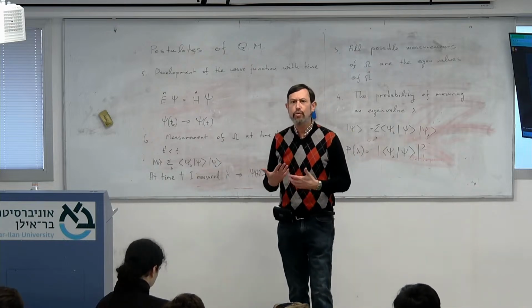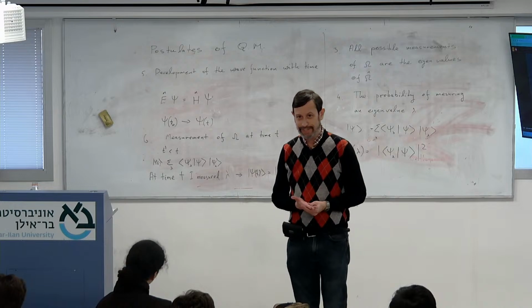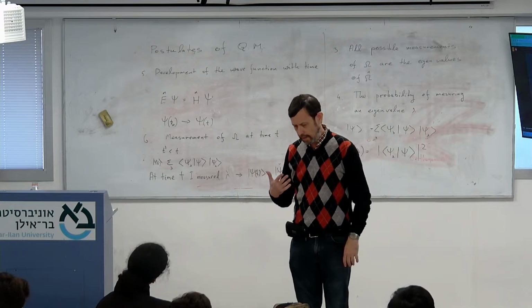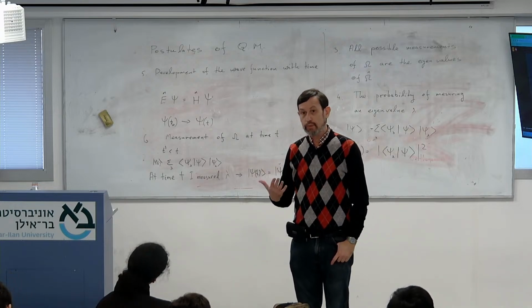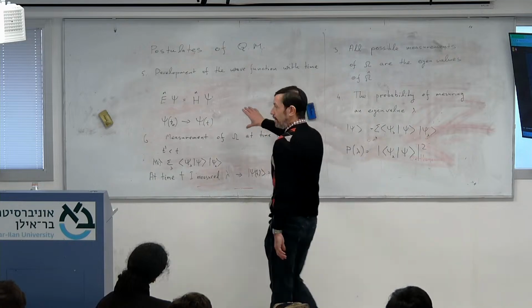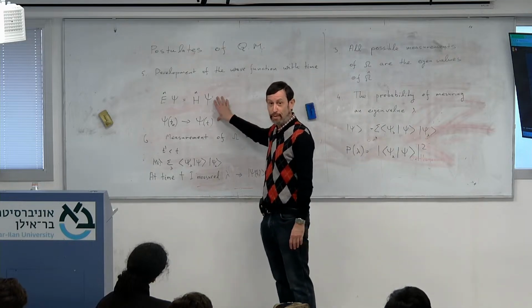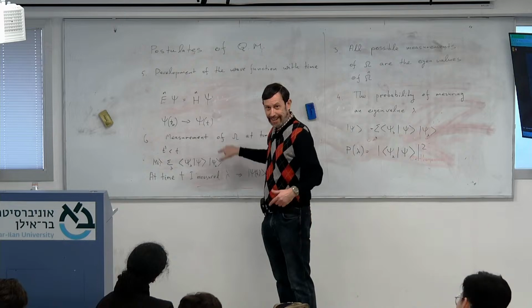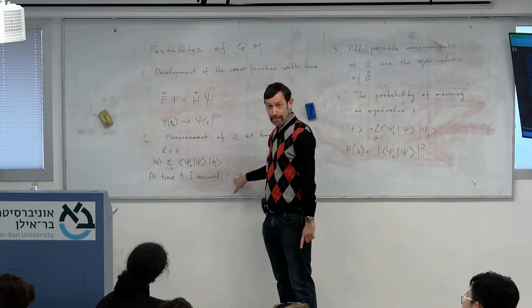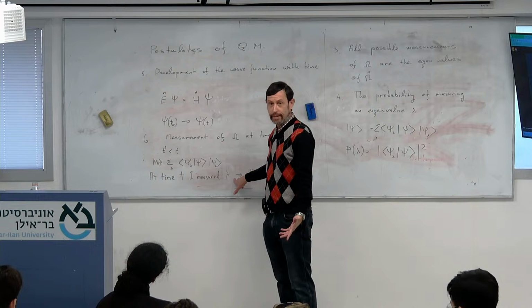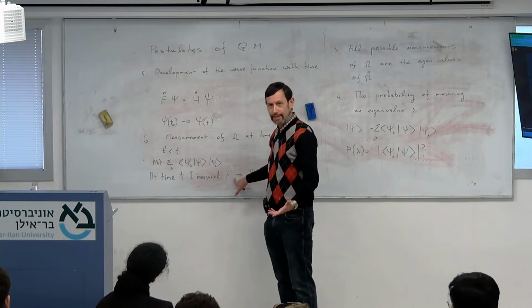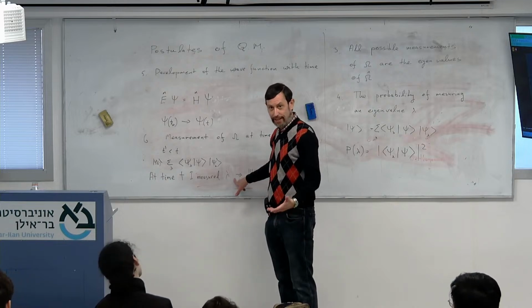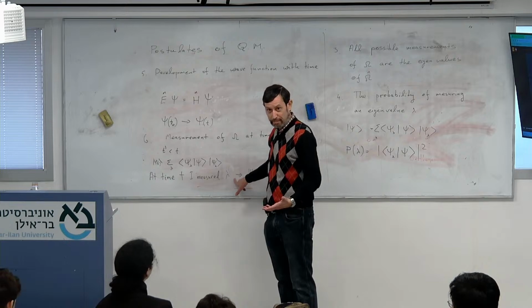So you have 2 types of development with time: Schrodinger's, as long as you don't perform a measurement, and some nonlinear one, which is known as wave function collapse at the point of measurement.